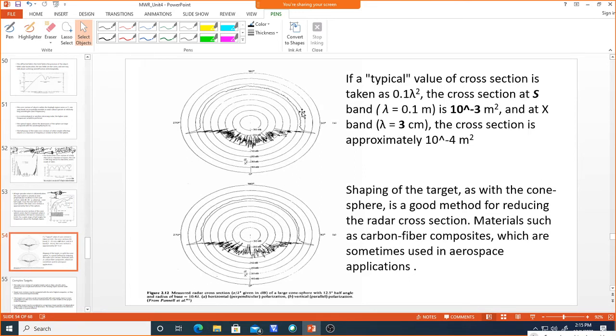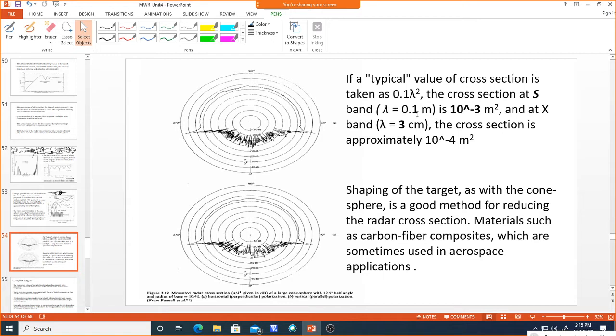So that big a cone sphere we have measured, and this is the measured RCS, with respect to the specification of the cone sphere. Okay, now the typical value of the radar cross section is 0.1 lambda square at S band.